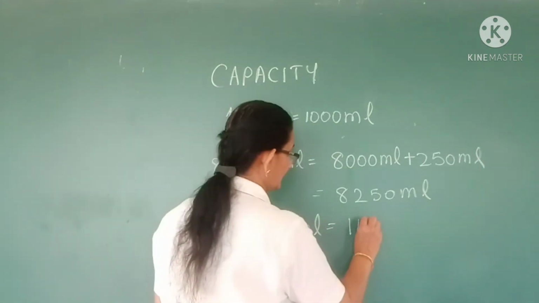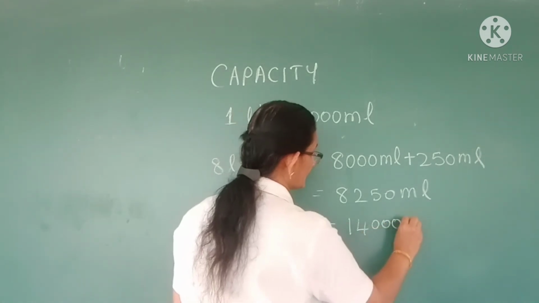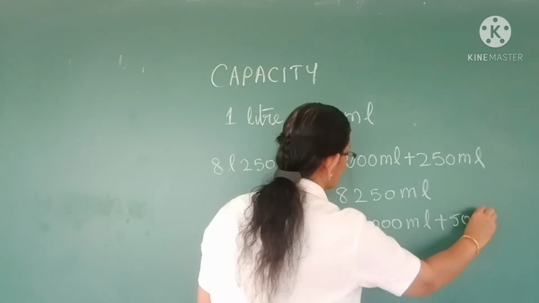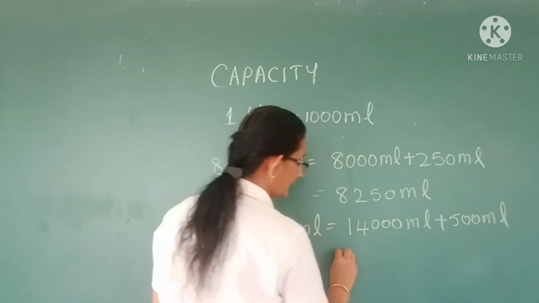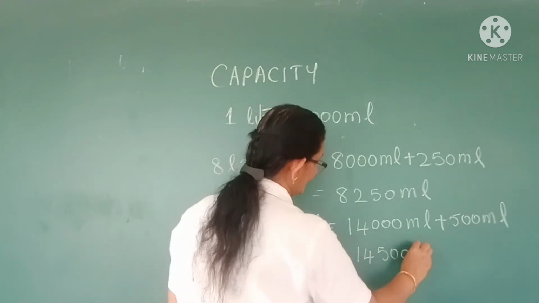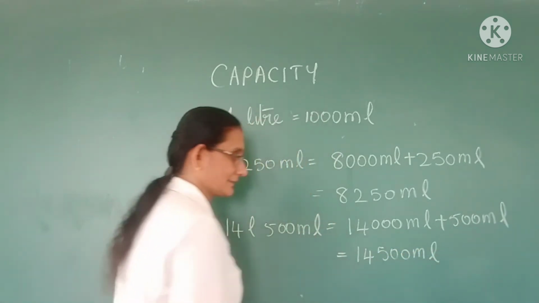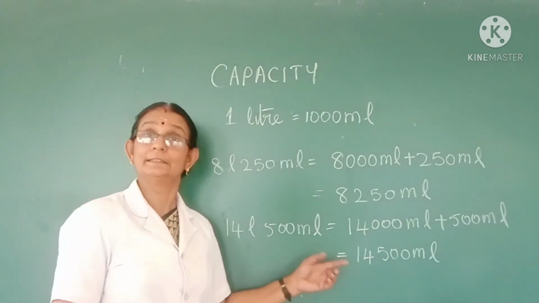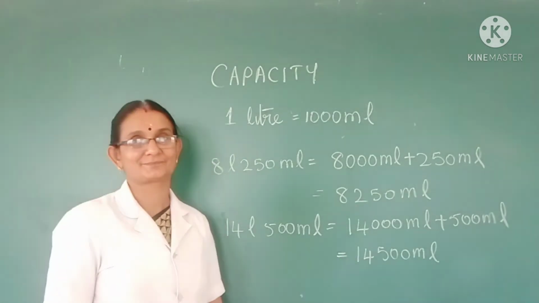So it is 14,000 milliliters plus 500 milliliters, which is equal to 14,500 milliliters. Okay, children.